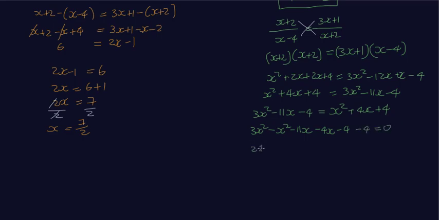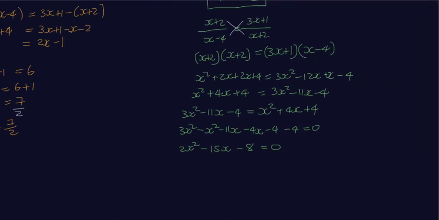So this gives 2x squared minus 11x minus 4x, it's minus 15x, and minus 4 minus 4, it's minus 8.